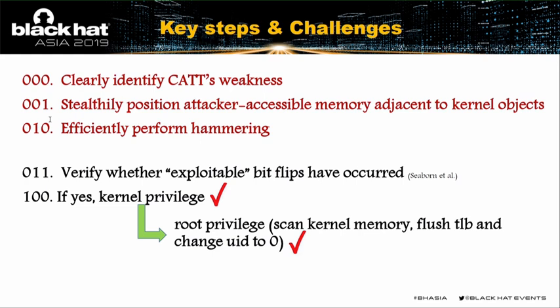The fourth step is to verify whether exploitable bit flips have occurred. If not, we try again. If yes, we have gained kernel privilege, and then we can scan the kernel memory, flush the TLB, and change the user ID to 0. The main challenges lie in the first 3 steps, and next we talk about them in detail.